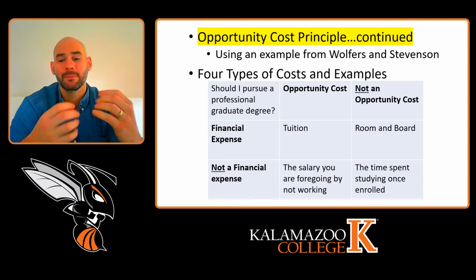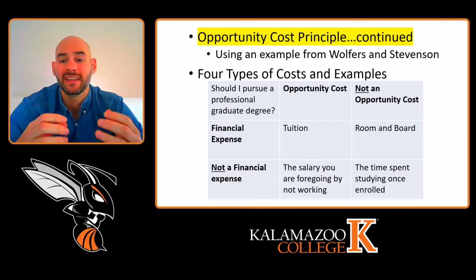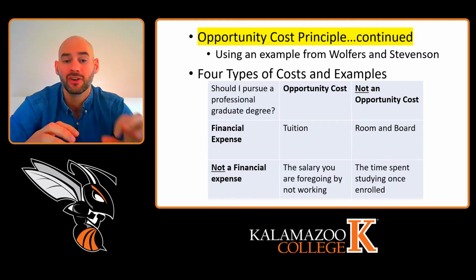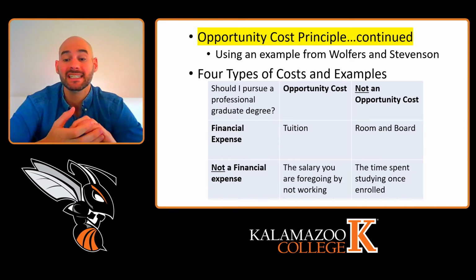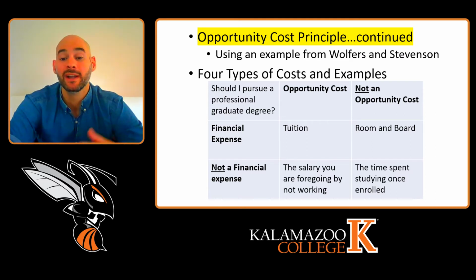And so when we think about this difference between opportunity costs and financial expenses, and we add the opportunity costs together, then we get a better idea of what the true cost of a decision is, which is going to allow us to make more informed and more efficient decisions.